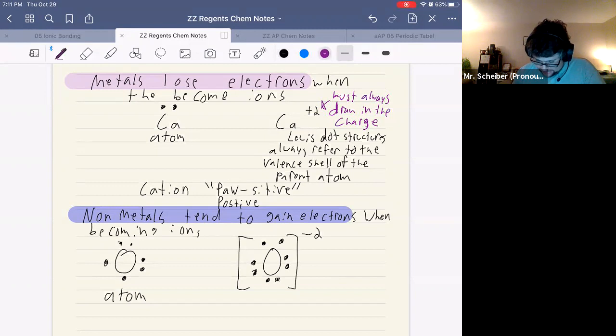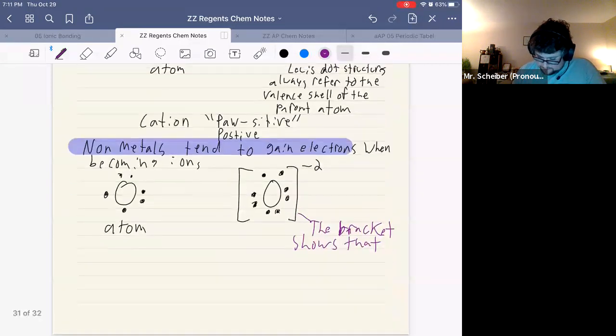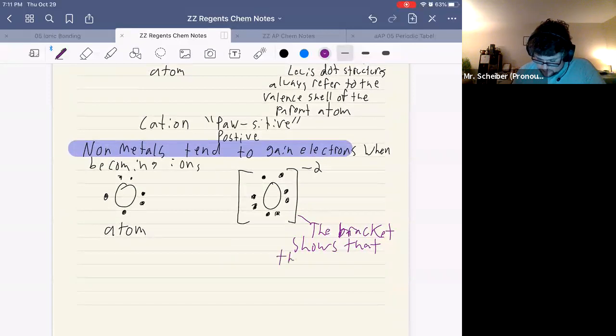The reason we give it a bracket is that the bracket shows that the O owns, quote unquote, the electrons.